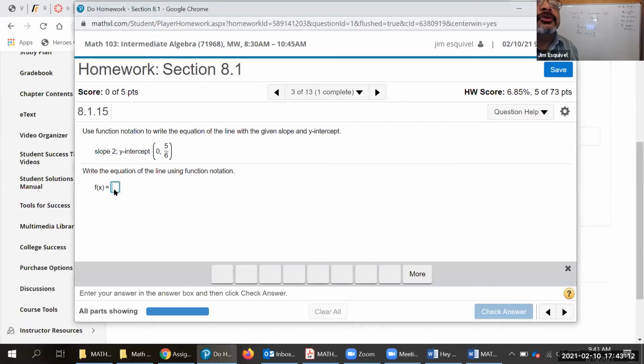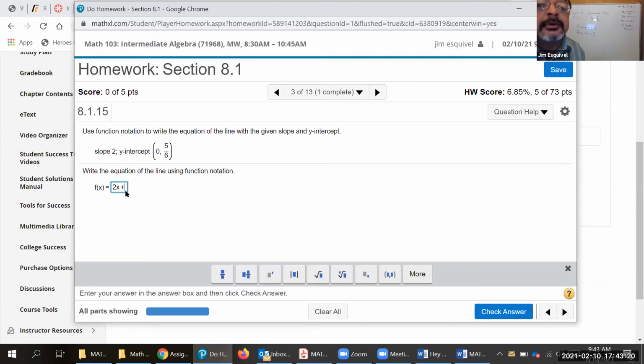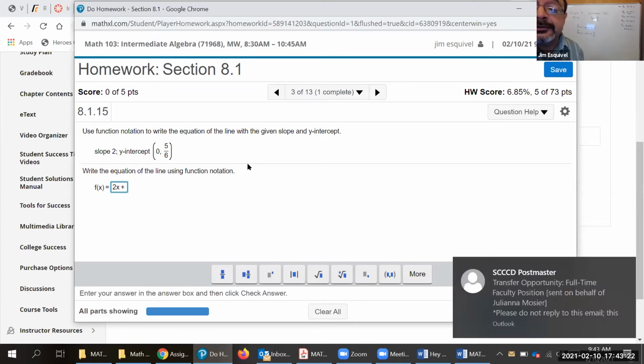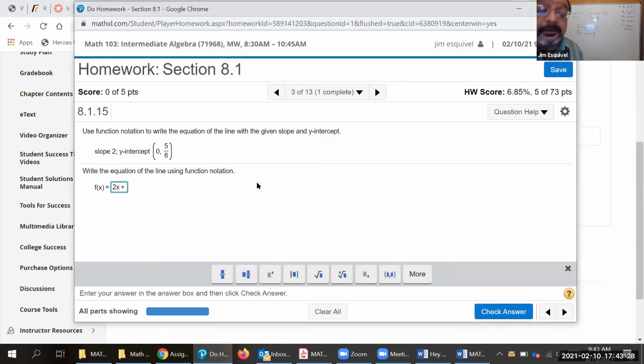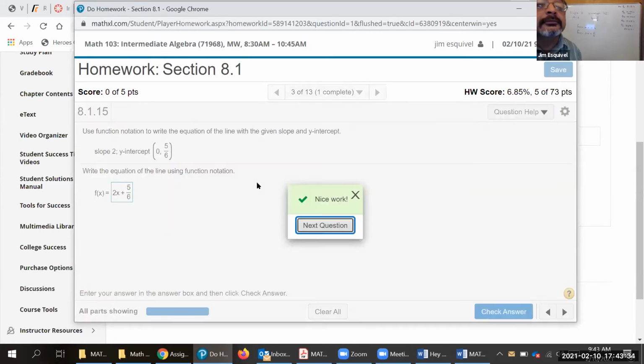So 2x and then plus, whoops, that's equals, plus, transfer opportunity. I'm in. Transfer. 5/6. That's all there is to it.